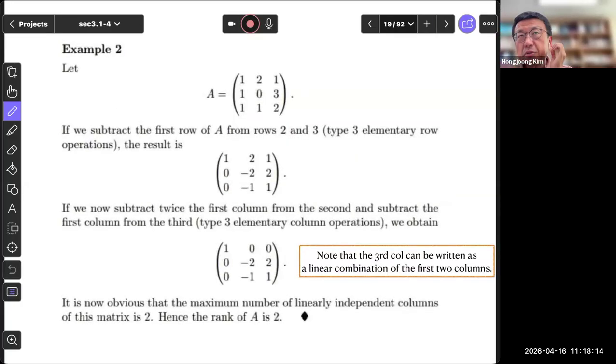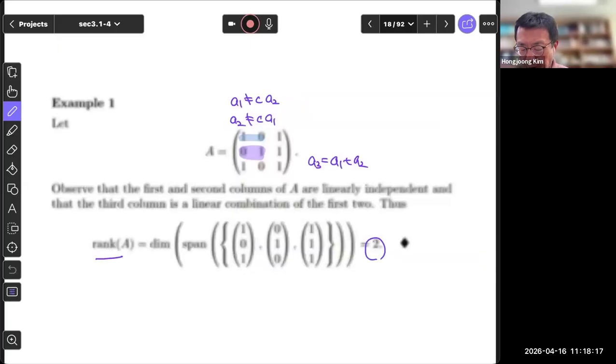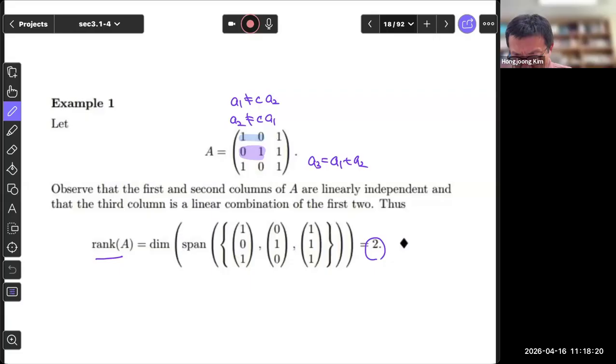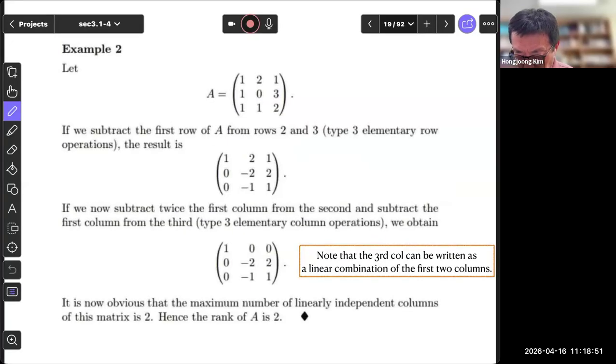In example 2, let us consider the following.